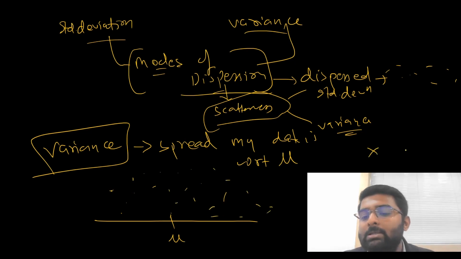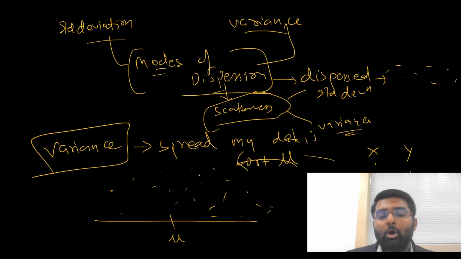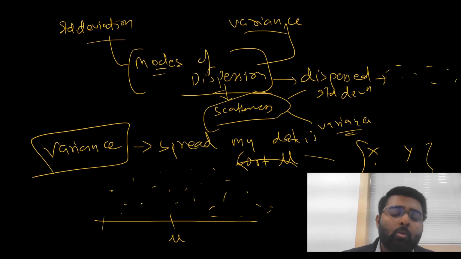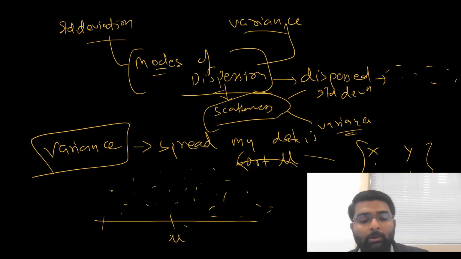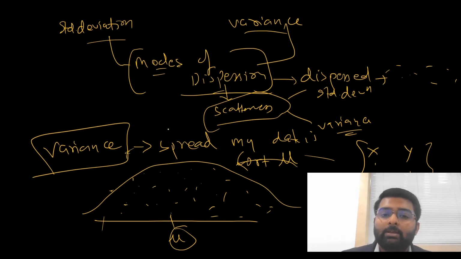For example, if I have an X column and a Y column with certain values, and I plot those values on an XY graph, a 2D plane, I want to understand how data is spread with respect to mean along the distribution, and that is nothing but variance.